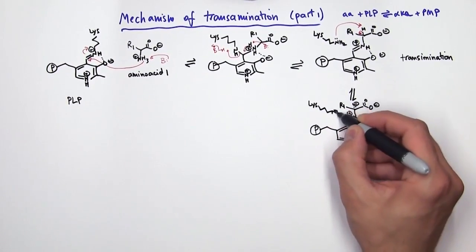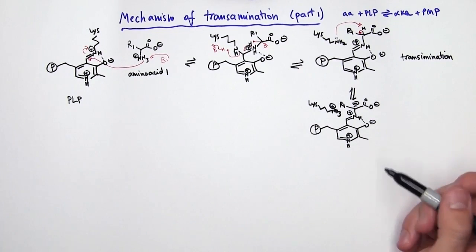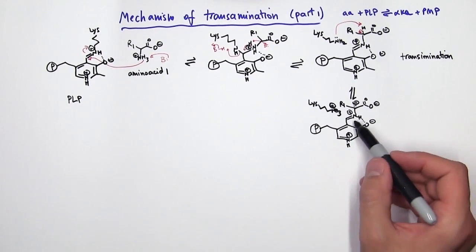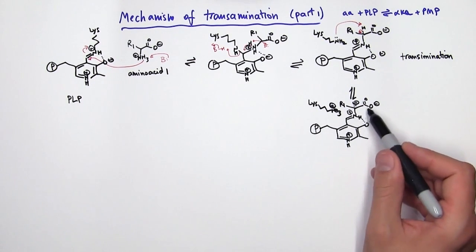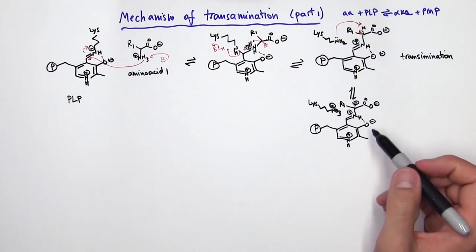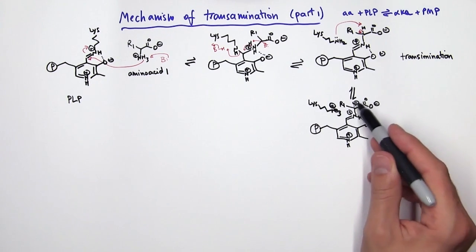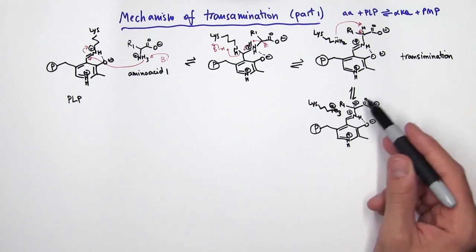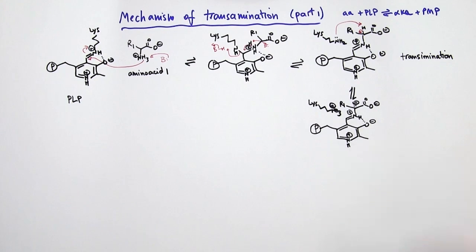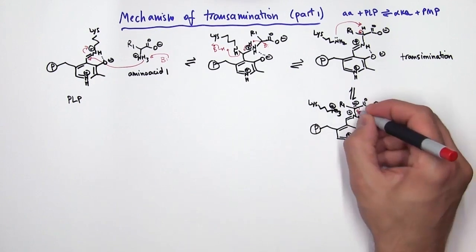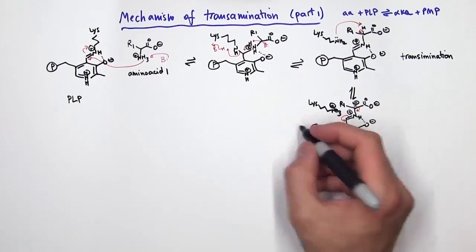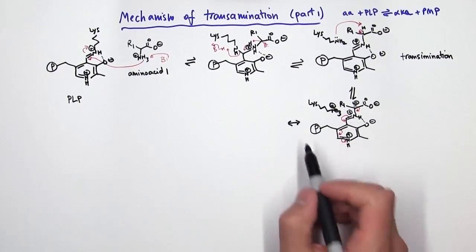This carbanion can only form because it is resonance stabilized. And indeed, the PLP ring system is highly conjugated and it's a good electron sink. For this carbanion, we can write, in fact, many different resonance structures. Let's take a look at one of them. This symbol denotes resonance structures.